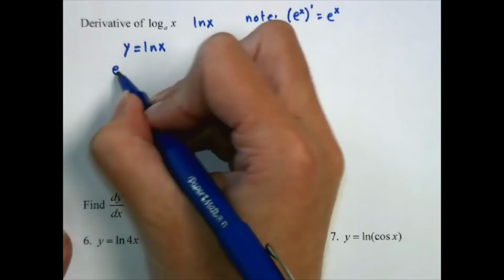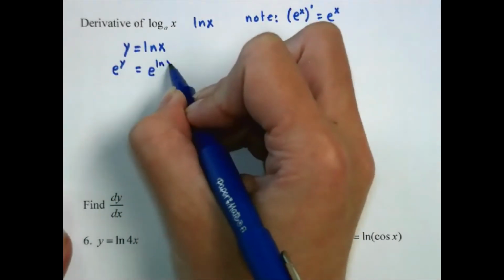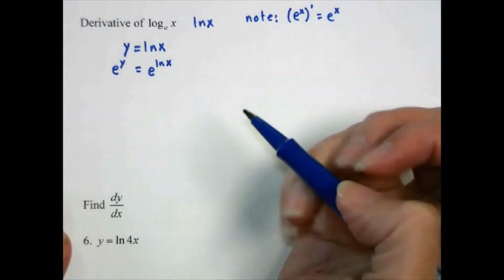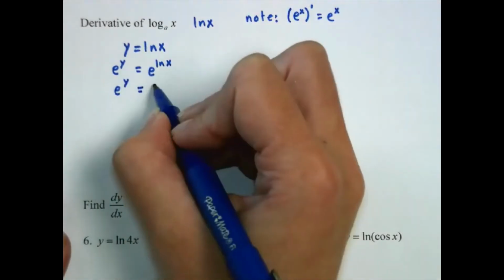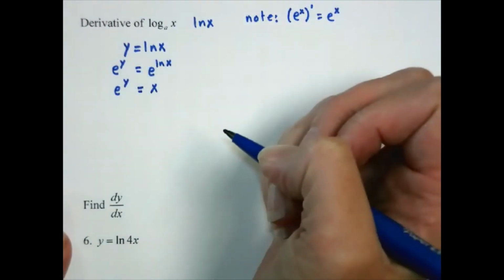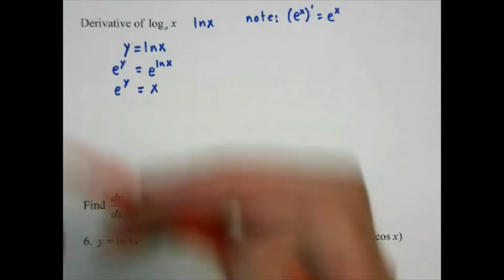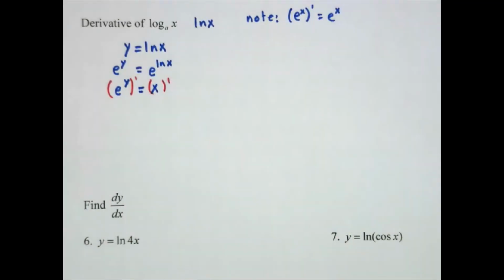So first, natural log. I'm going to raise each side to the power of e. So e to the y equals e to the natural log of x. So now e to the y is equal to just x. Now I'm going to take the derivative of each of those.